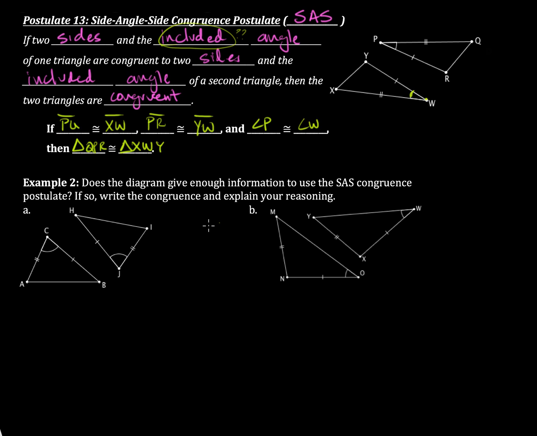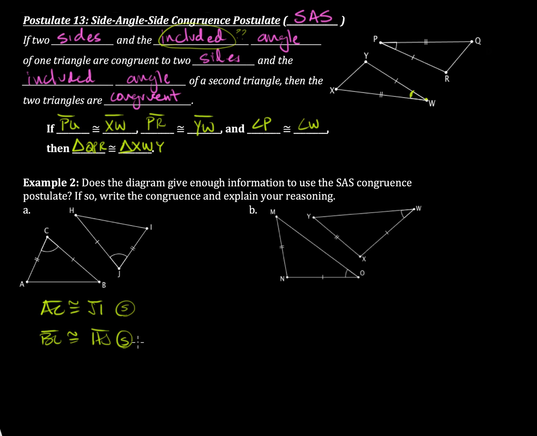So in this example, we want to look: does the diagram give enough information to use SAS? If so, write the congruence and explain your reasoning. If I look at A, I see that segment AC is congruent to JI. That's one pair of sides. I see that segment BC is congruent to segment HJ.